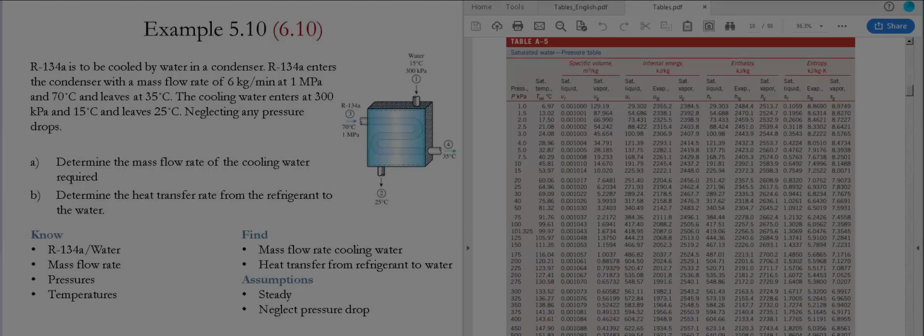We're going to start with water. We need to double check the phase of water. Therefore, we go to table A5 and evaluate the information at the pressure of 300 kilopascals.